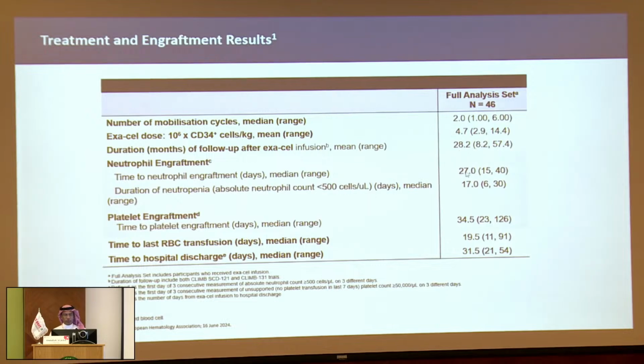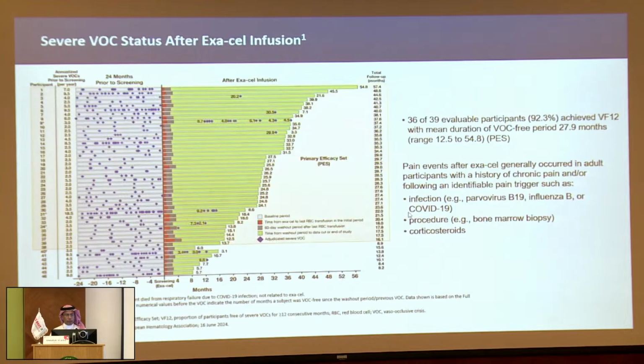The time of engraftment is 27 days for neutrophils and 34 days for platelets. Time from hospitalization to discharge is around 1 month, and this is the demonstration of the patients. As you can see, these are the painful episodes in the 39 evaluable patients, and then you can see the washout period of 60 days, and then the majority of them did not have any vaso-occlusive disease, 36 of 39.